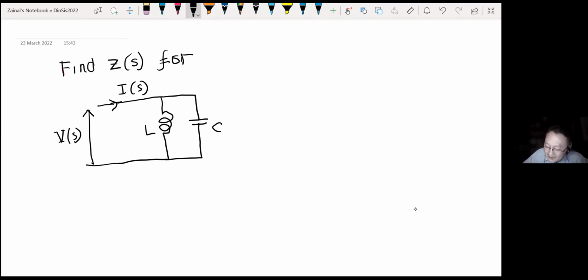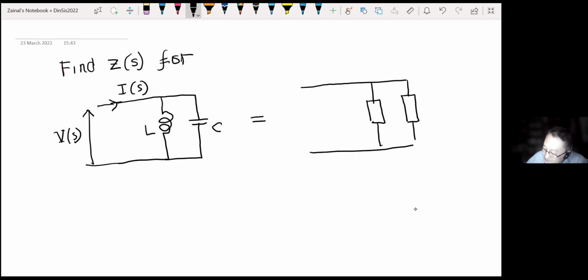It's very simple. Just treat this one as this, and treat this one as this one.